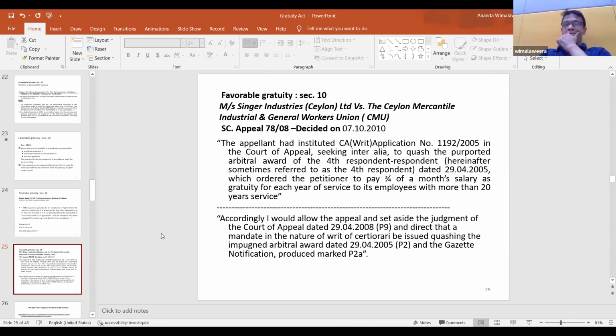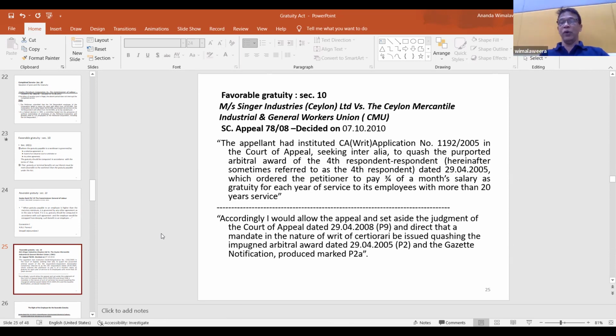The Singer Sri Lanka Limited offered 3/4 of gratuity in writing to the union operating in Singer Sri Lanka.